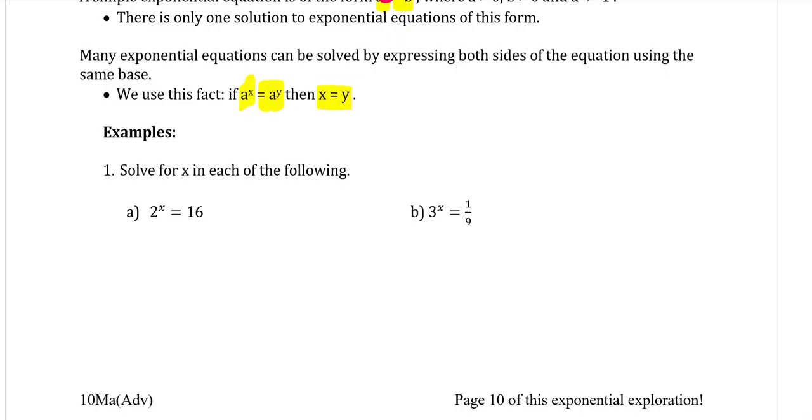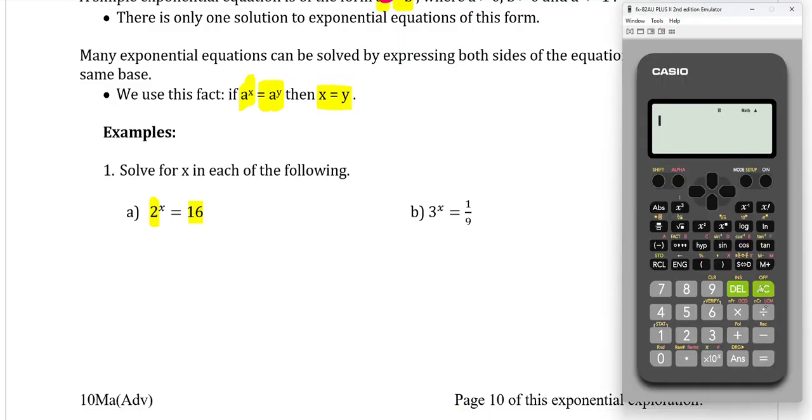So question 1a. To solve the equation in question 1a, we have a 2 as the base of our exponential. So I would like to try to write 16 with a base of 2. Now you may know some of your base 2 numbers, or if you need to, you may get your calculator out and have a bit of a guess. You go 2 to the power of 3, that's not quite big enough.